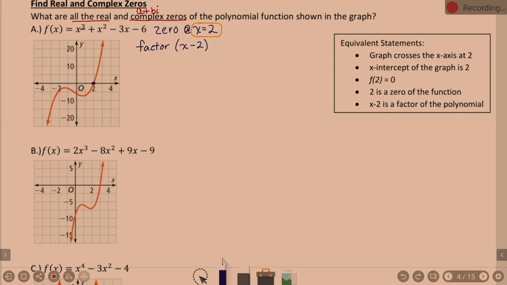Okay? Now, we are going to divide. However, Emily's starting to freak out on me. What kind of division am I going to do? Long. Synthetic. Oh, forget the long division. We're going to do synthetic, to divide this 2 out and find our other factors.